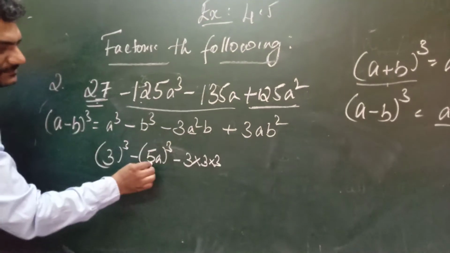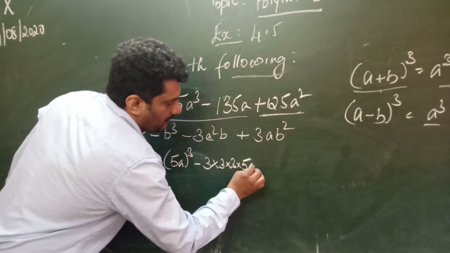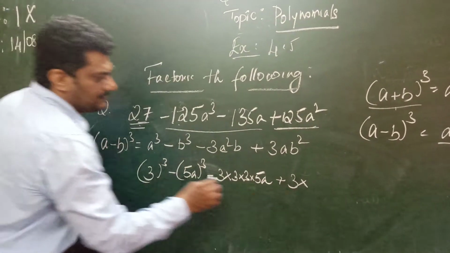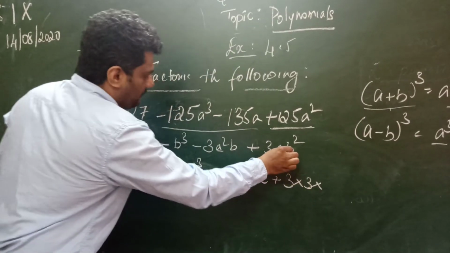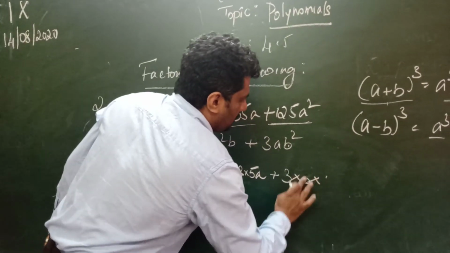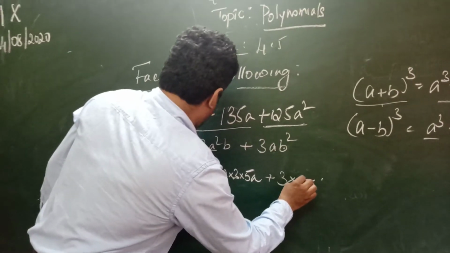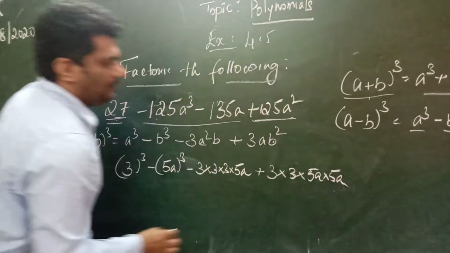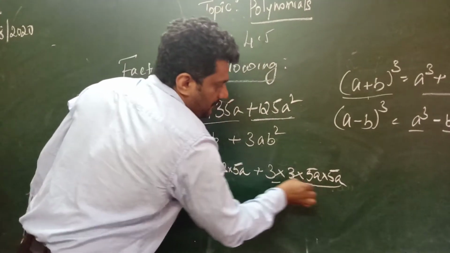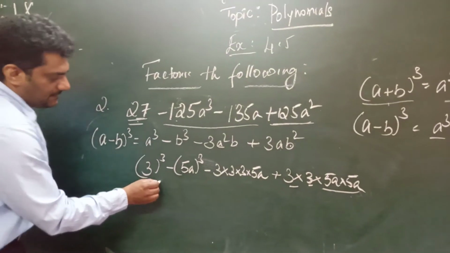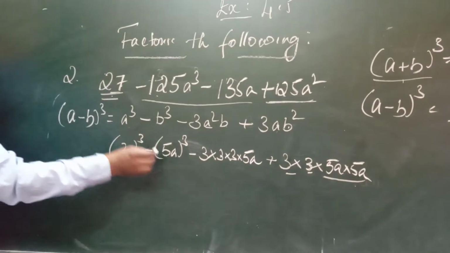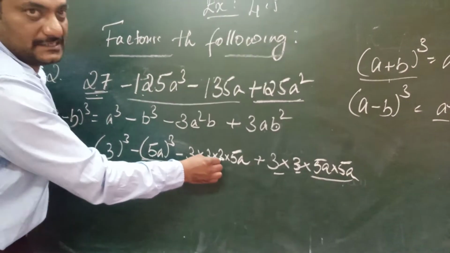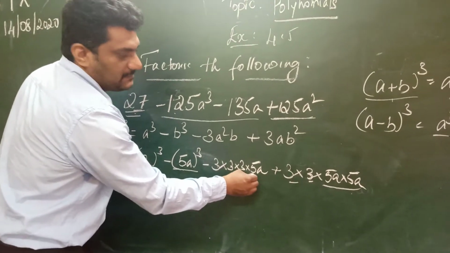And the value of b is 5a. 5a plus 3 into the value of a again is 3 into the value of b is 5a into 5a. So 3ab square. You just multiply this one and see: 3 cube, 27 we get, 5a cube, we get 125a cube, 3 into 3, 9, 9 3s are 27, 27 into 5 is 135a.